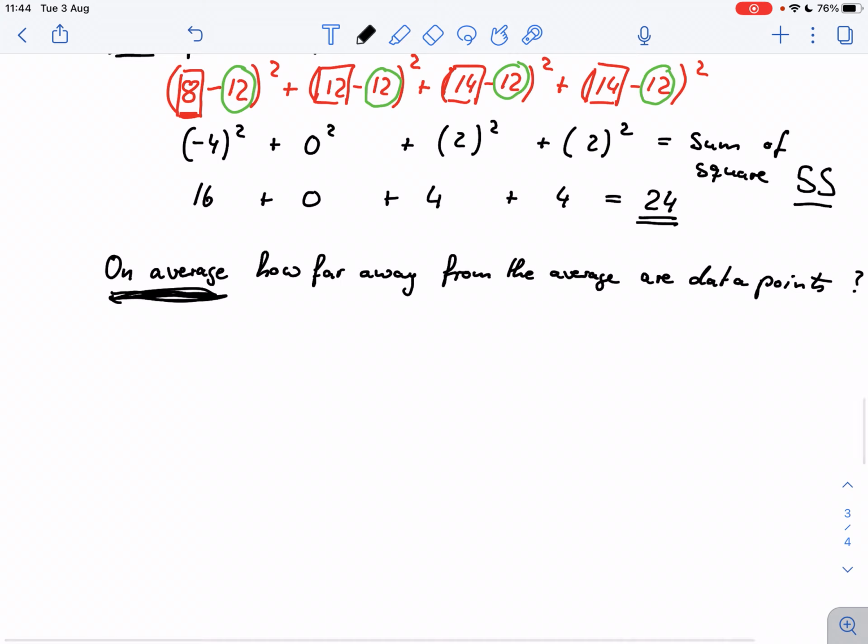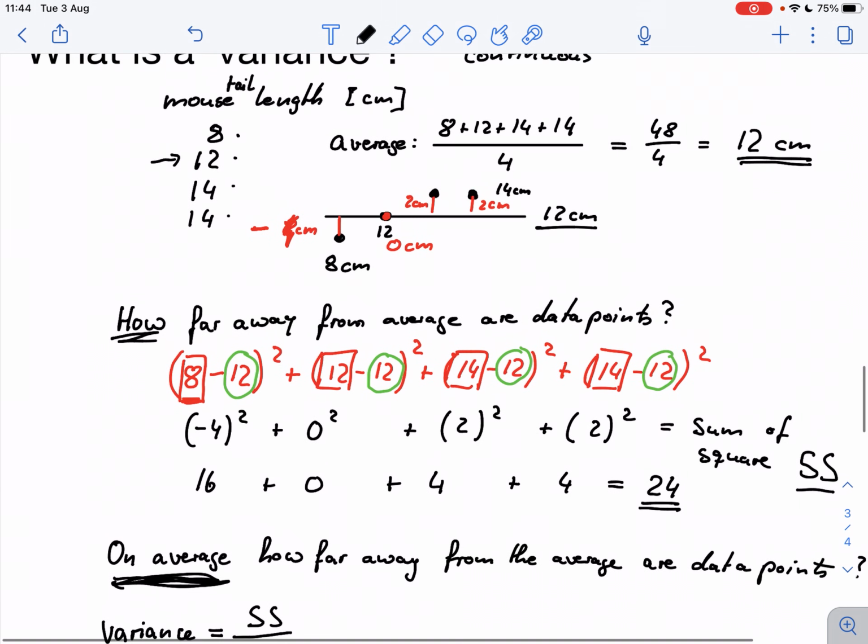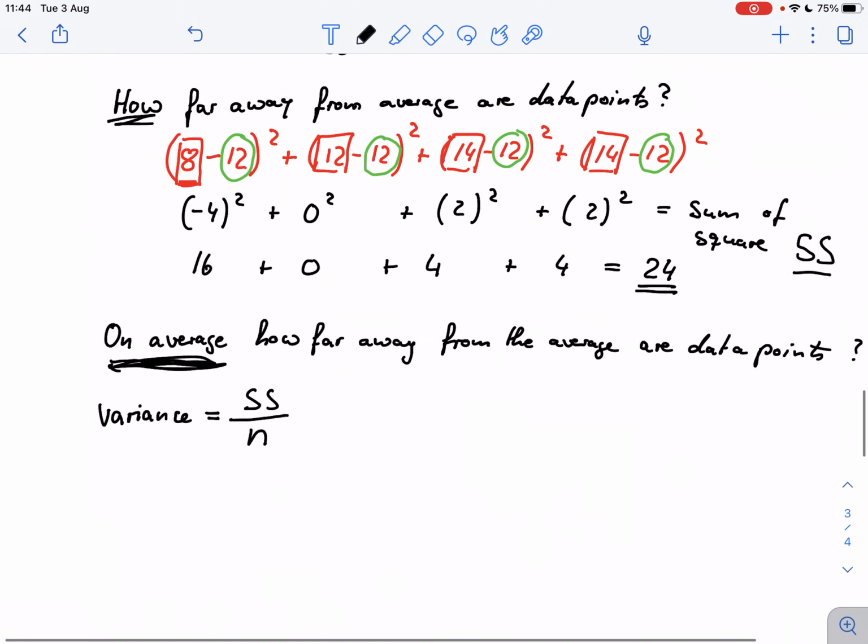Well, the variance is defined as the sum of squares that we just calculated divided by the number of observations. And if you look at it, this is pretty much what we have done here for the average calculation. We've done exactly the same. We added up the measurements here and divided by the number of observations.